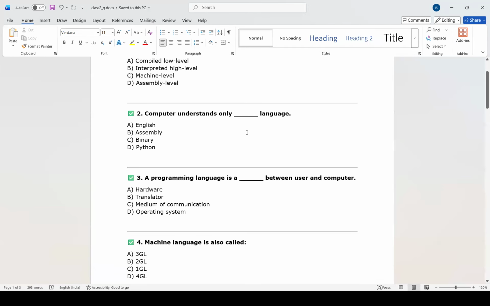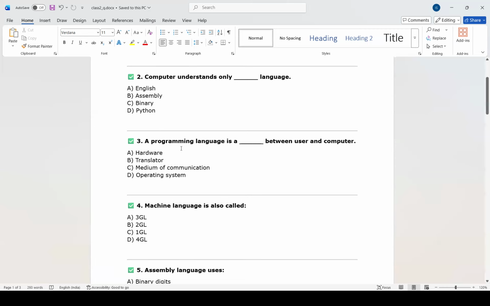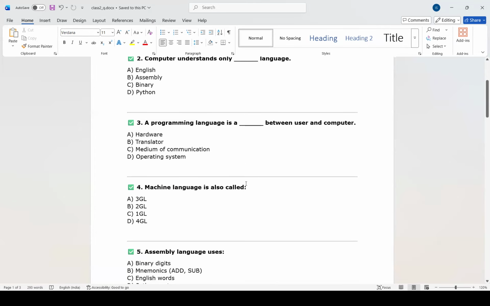Okay, second one. Computers understand only what? Binary. Very good. A programming language is a, fill in the blanks, between user and computer. Translator. Medium of communication. Okay.